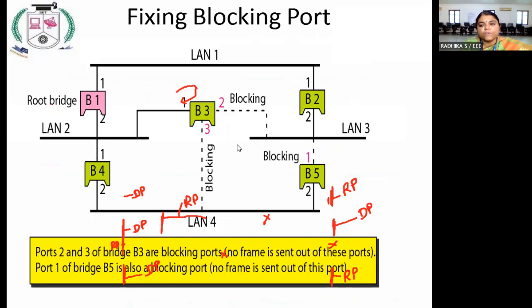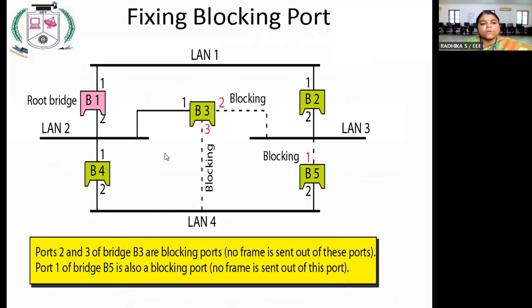So we erase the annotations. Those ports which are not marked either as a root port or a designated port can just be removed. So we call them blocking ports. We can see here that port 2 of bridge 3, port 3 of bridge 3, and port 1 of bridge 5 are all said to be blocking ports.